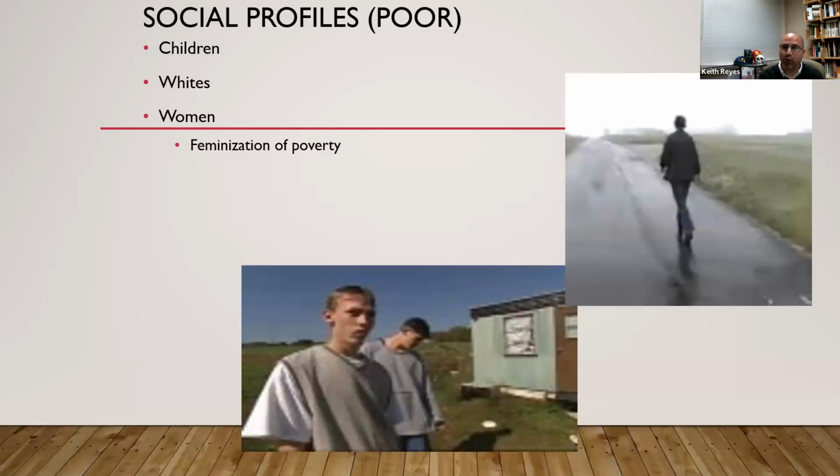Even though there are more white Americans in poverty than any other racial or ethnic demographic, proportionately there are higher rates of poverty for Black Americans and other racial minorities than there are for whites. That's one distinction that needs to be made.